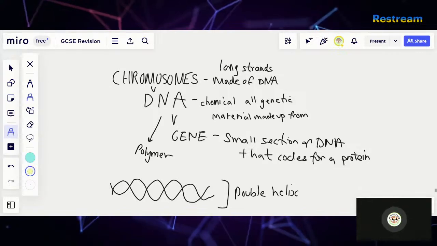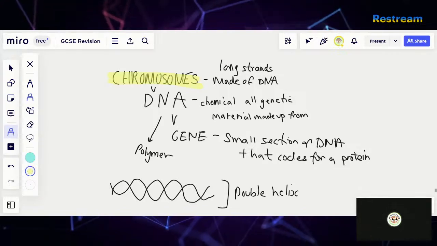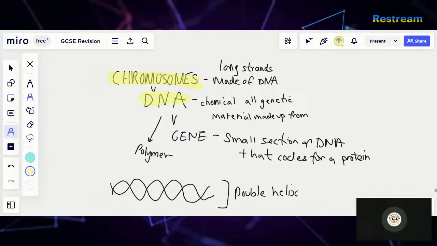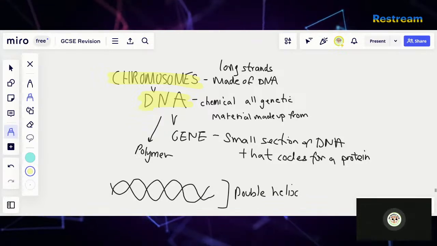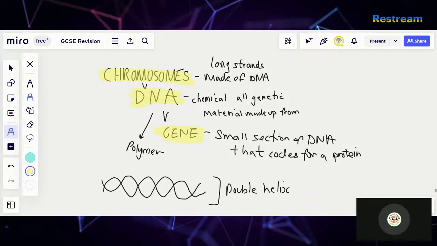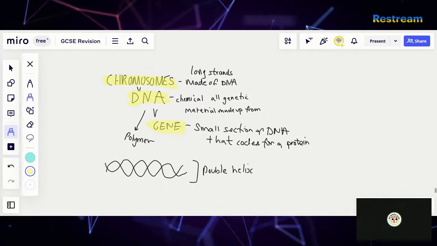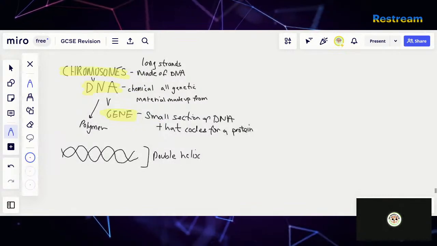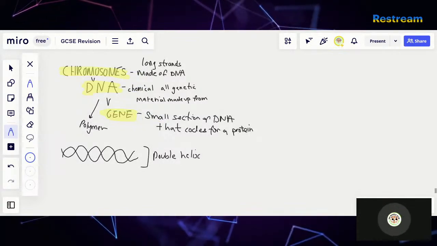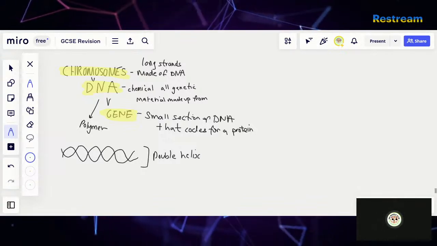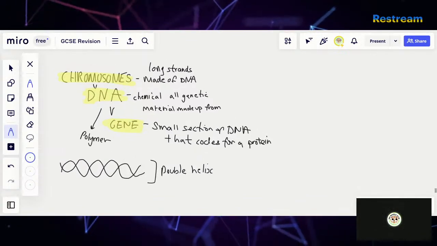So just to review, we've got chromosomes. And chromosomes are long strands of DNA. Then you've got DNA. DNA is the chemical that all genetic material is made from. And then you've got genes. So genes are sections of DNA that code for a protein. Now, genes simply tell us what order we put these amino acids together, because there's 20 amino acids.